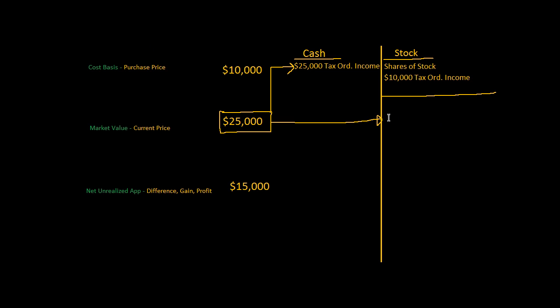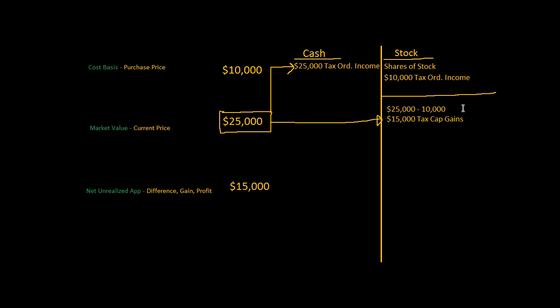You've already paid on your 10,000, and the market value is 25, so now you're going to pay $25,000 minus $10,000. And what does that equal? That equals $15,000, and that is now taxable as capital gains.